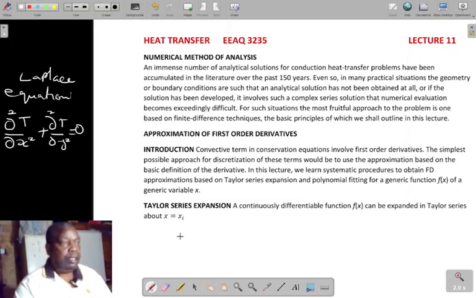Now we need some approximation method for the first order derivatives and for the second order derivatives.